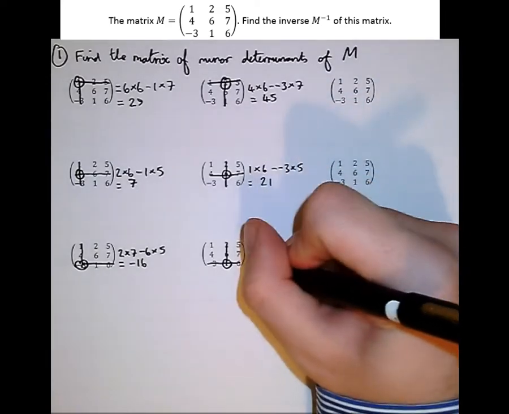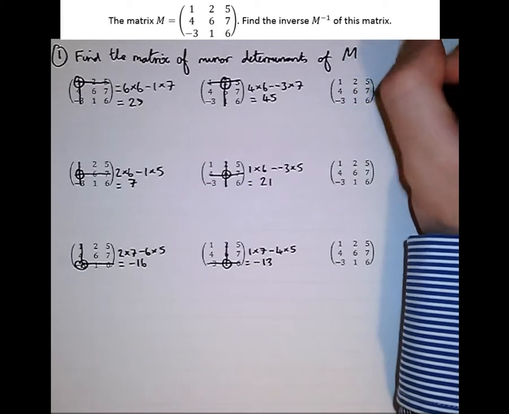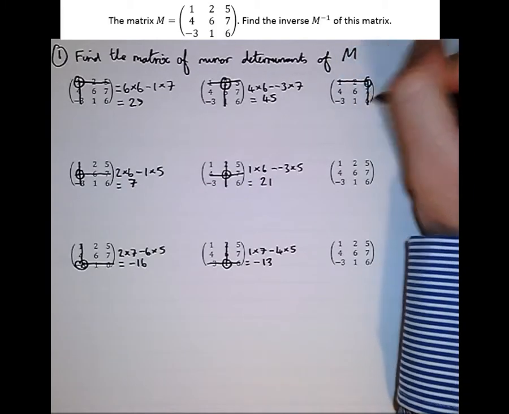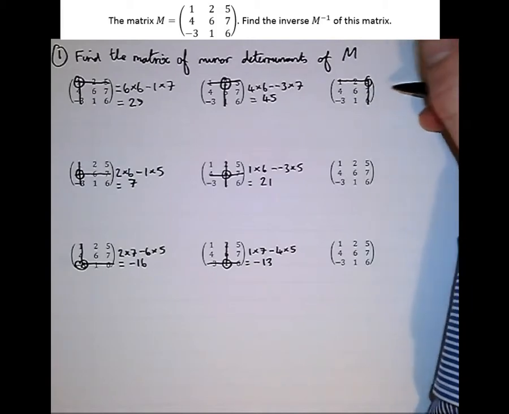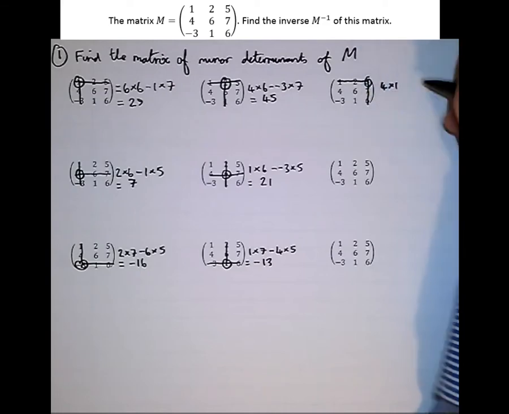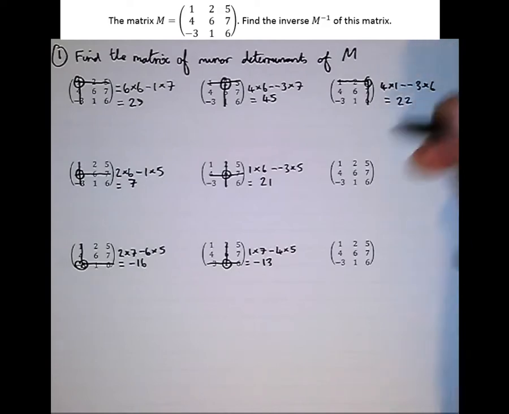which is minus 13. Then moving on to the final column, the minor determinant of 5, that element on the top right, in this case is 4 times 1 minus 3 times 6, so 4 add 18, which is 22.